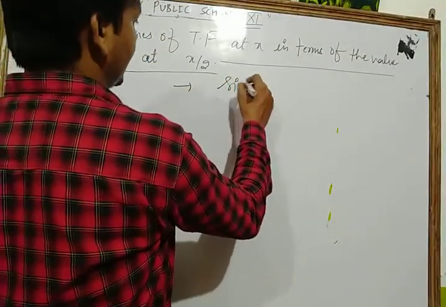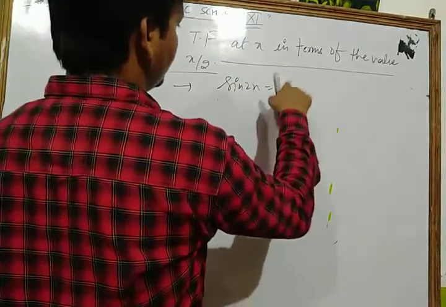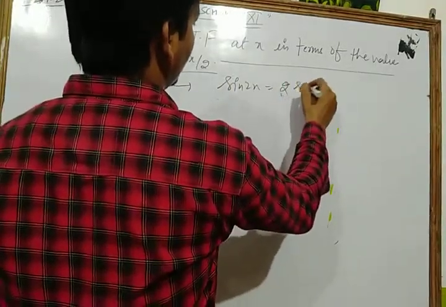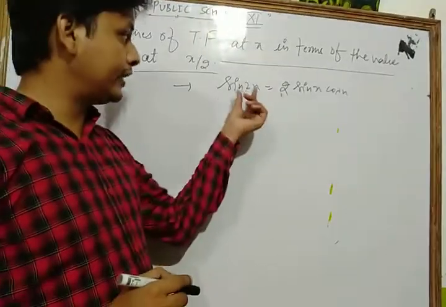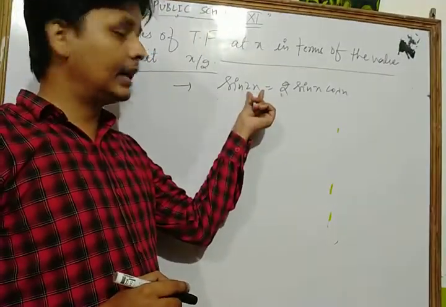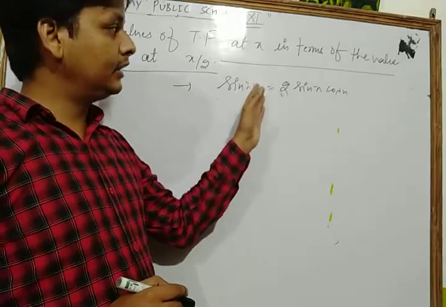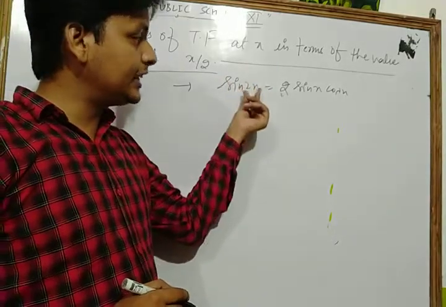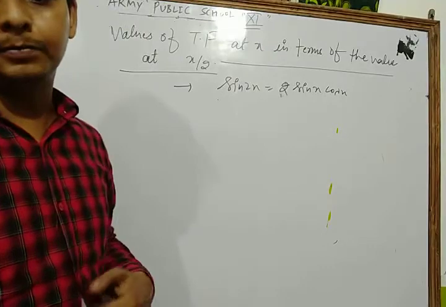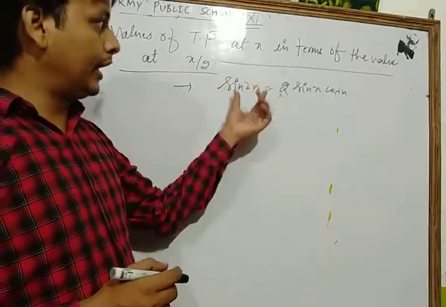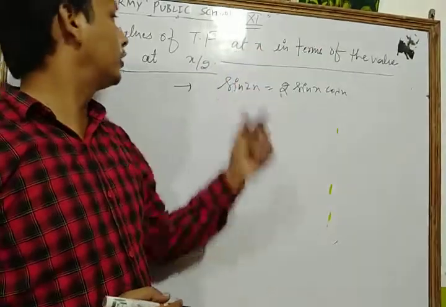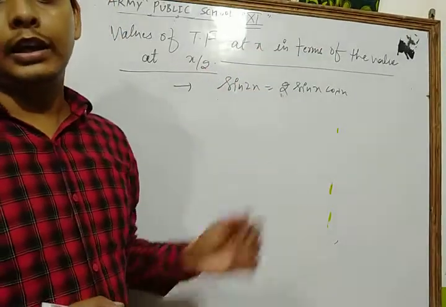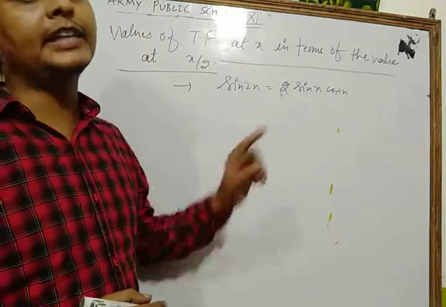Since we know that sin 2x is equal to 2 sin x cos x. Okay, if we take sin x, then if we divide each angle by 2, then what do I get? We find all the formulas of trigonometric functions at x in terms of the values at x by 2 by replacing x by x by 2.